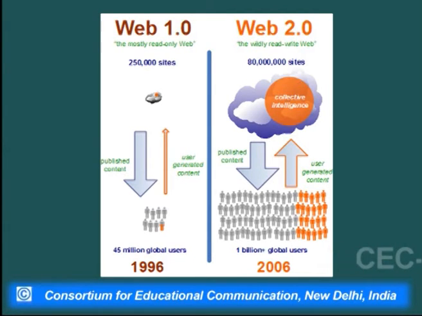As we have just mentioned, earlier only published content was there, user-generated content was not available, but now published content is there as well as user-generated content. So a different kind of collective intelligence is going to be there.